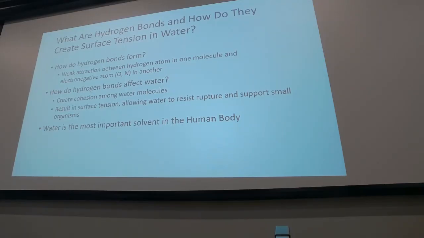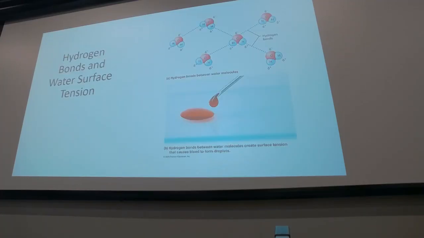This creates surface tension that allows aqueous solutions to form drops or droplets. That helps make the water resistant to rupture by having this surface tension. Also it helps to support small organisms. And water itself is the most important fluid, or solvent, that we have in the human body.